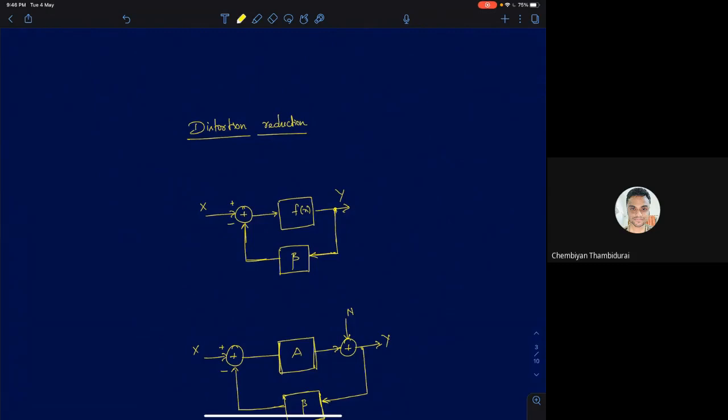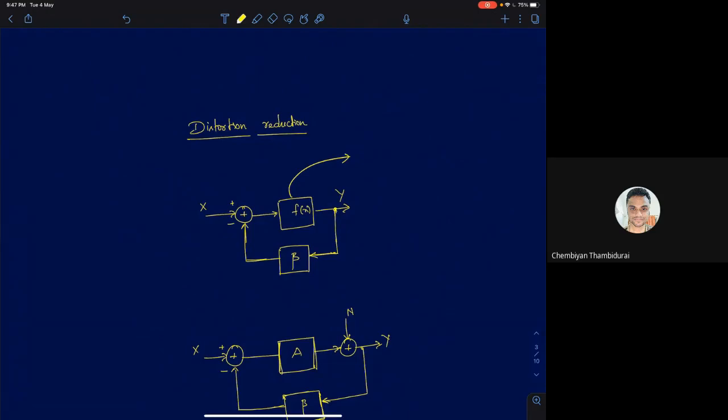So the question is, why does distortion arise in the first place? What is the source of distortion in amplifiers? We said that all amplifiers, which will give us a very high voltage gain, are fundamentally built using devices with nonlinear transfer characteristics. A vacuum tube amplifier, a MOSFET, or a BJT.